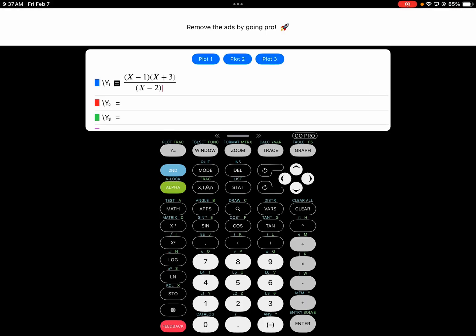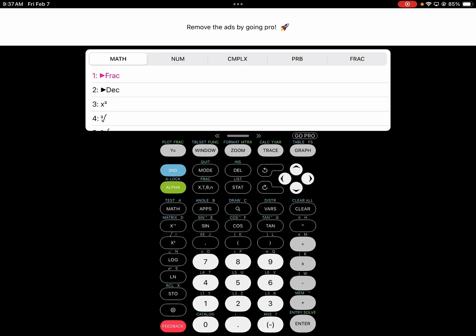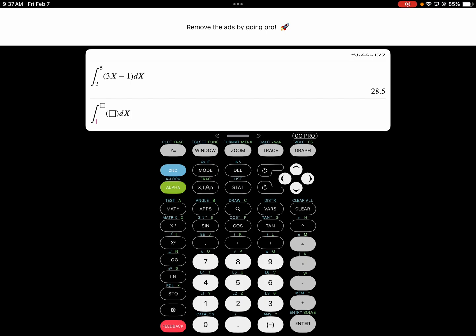Mine's not going to match all of yours. When you do math 9, from 0 to 6.024, inside of there just do alpha trace y1, because you've already got it in there. There's no reason to retype it. Then when you do 0 to 8, same thing, you just change that boundary. It makes it a lot easier.